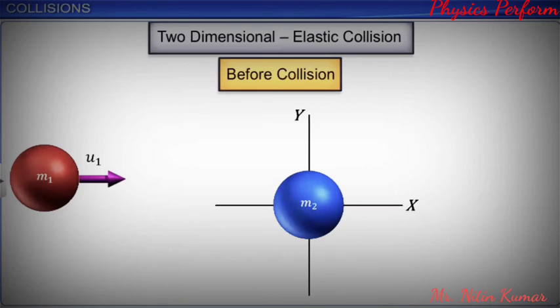elastically with a body of mass m2 at rest. This implies that the velocity of m2 before collision, u2, is 0.